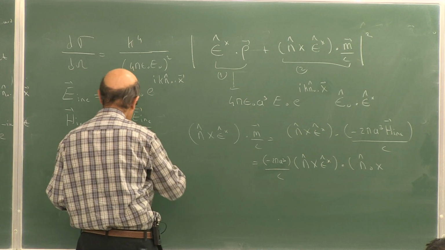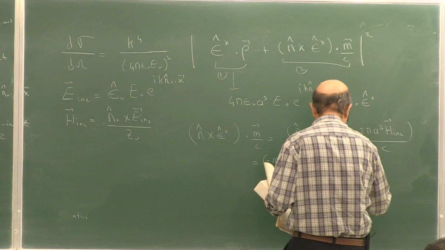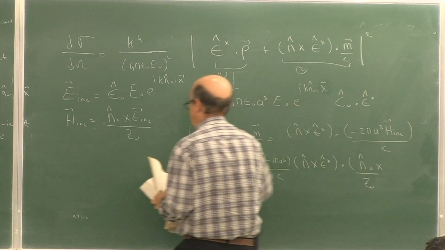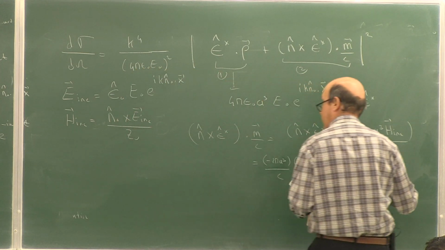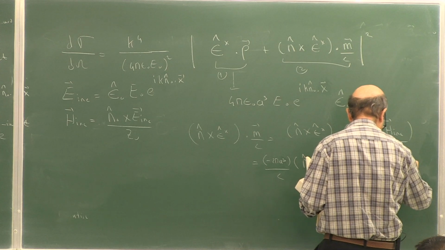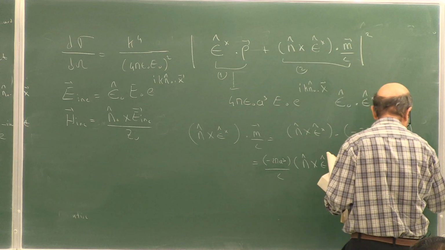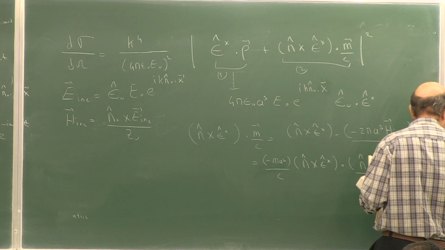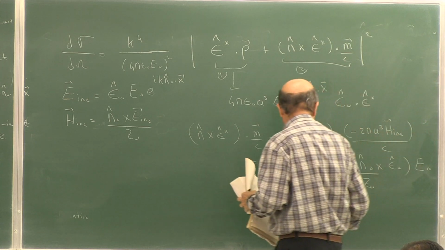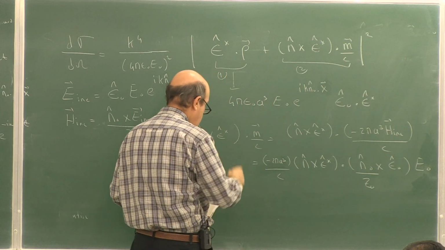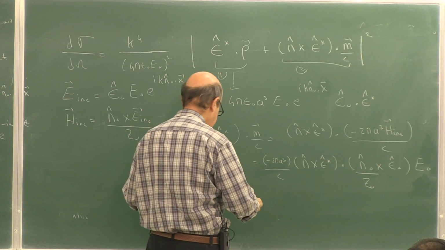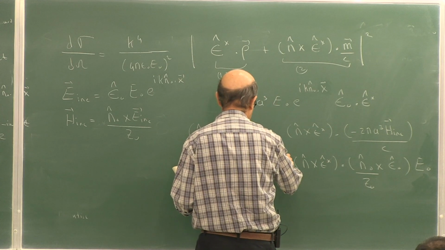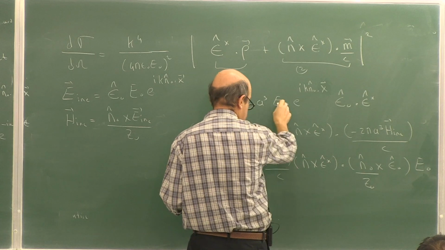And E incident is nothing but that term. So instead of E incident, I have 1 over Z0 here, cross n0 cross H incident, and H incident is nothing but epsilon 0 unit vector, E0 e to the i k n0 dot x. So what are these things? Let us play with the coefficients. I have 2 pi a cube, here I have 4 pi a cube, E0 and E0.